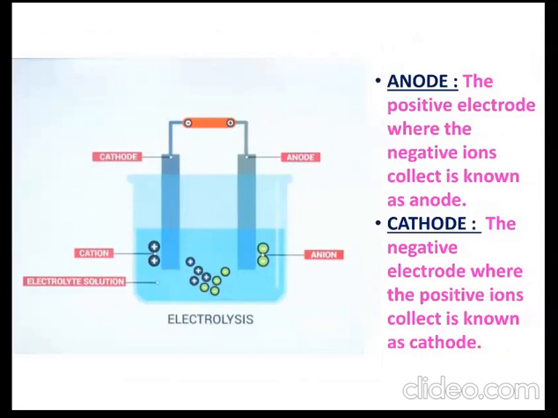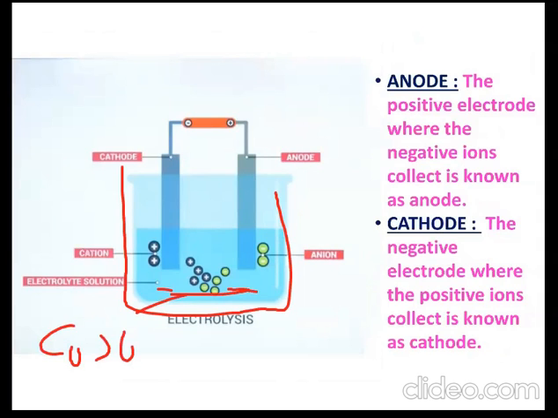Very important, try to understand. See, we have taken one beaker, and inside the beaker we have put the electrolyte solution, right? Now, as the electrolyte solution you can take CuSO4, or you can say NaCl, common salt.